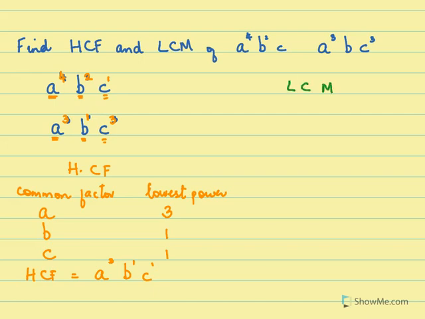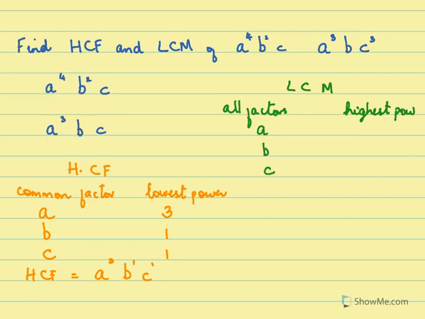Now to find the LCM, we need to write all factors and the highest power. So all the factors are, there is an A, there is a B, there is a C. Now which is the highest power of A? In the first case it is A raised to 4, in the next case A raised to 3.